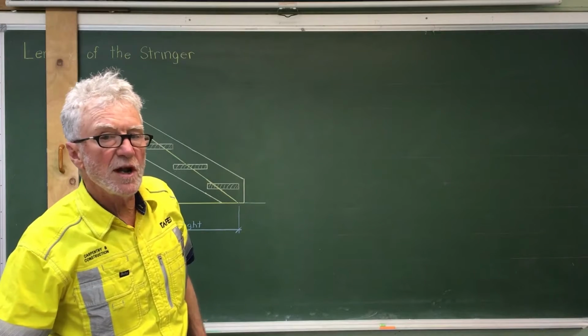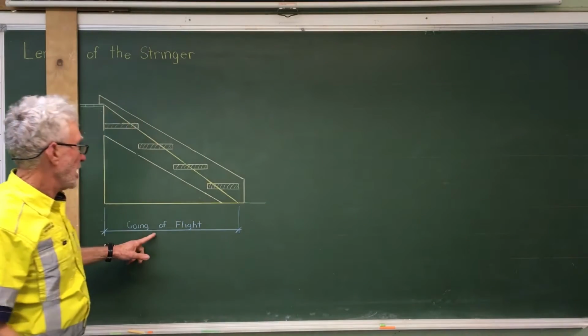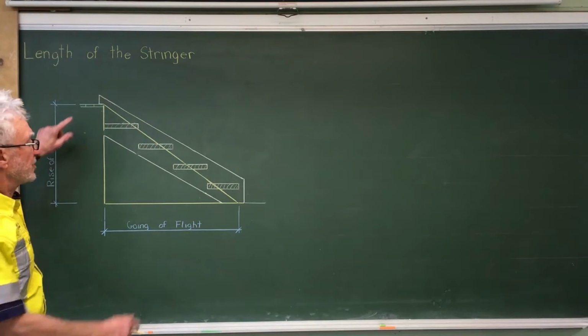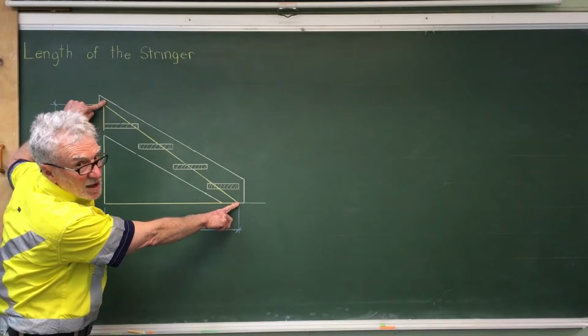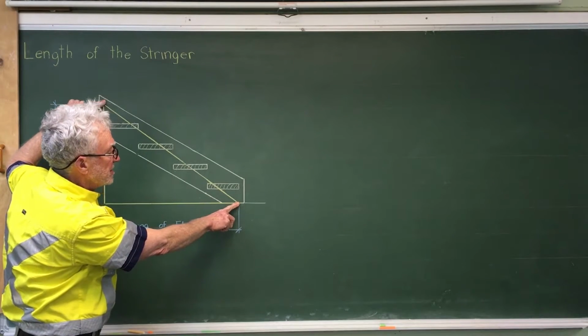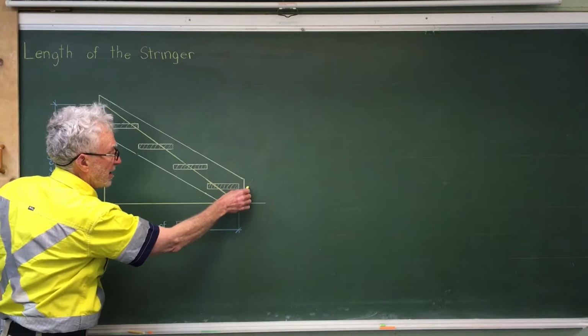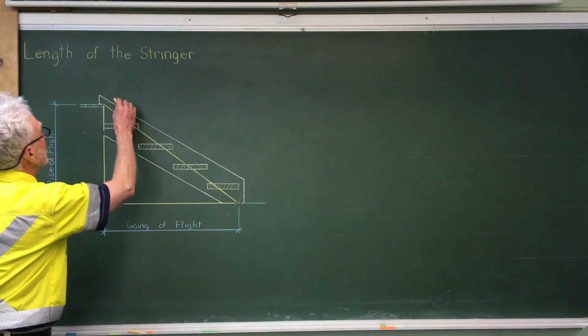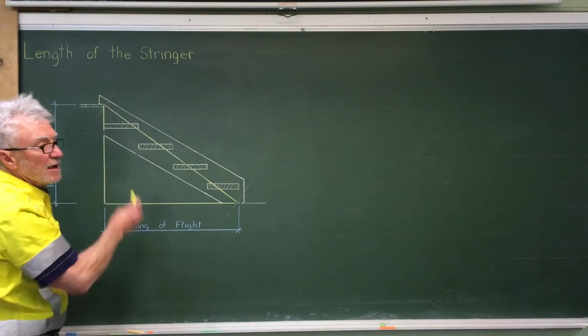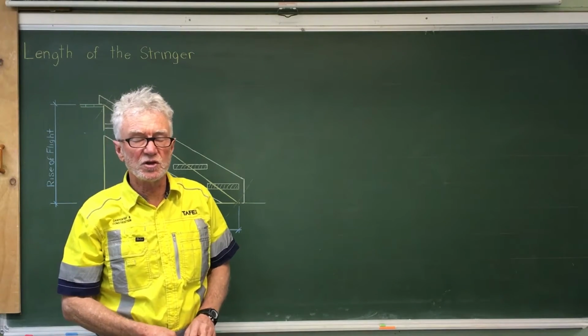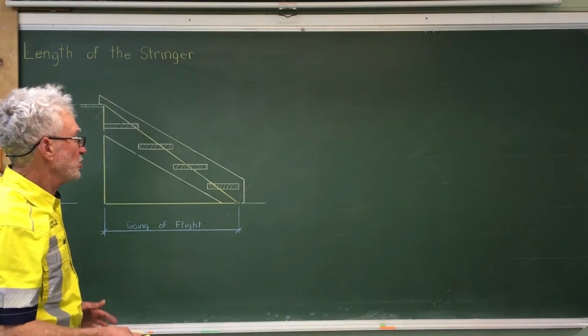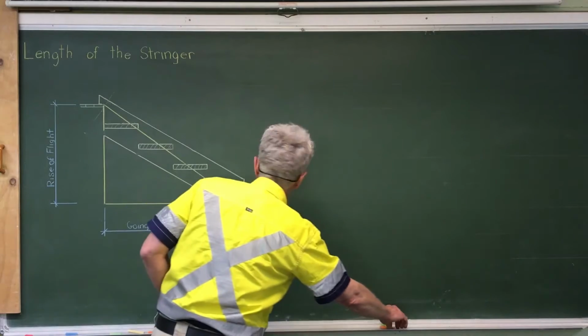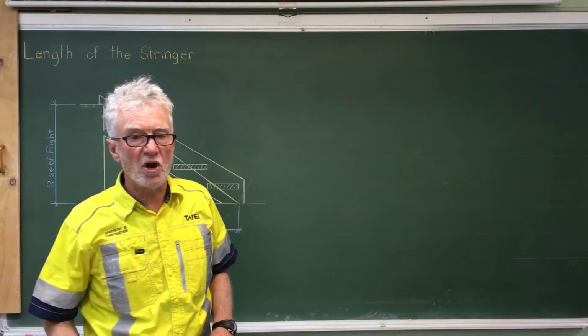If I solve the right angle triangle with going of flight and rise of flight, I'd get that yellow distance. But we can see that's not enough timber. I'm short at the toe and I'm short here for the horn of the stringer. So what do we need? We need a larger right angle triangle.